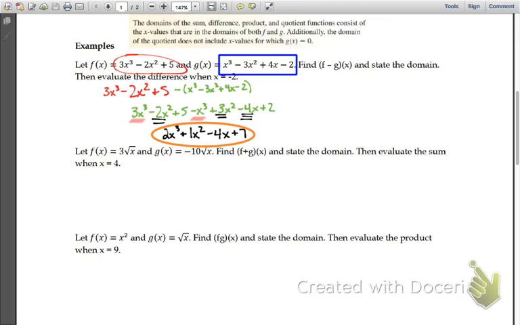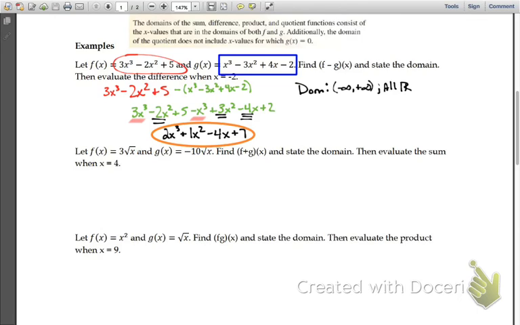So my domain. The second part of it was to find my domain. Well, the domain is negative infinity to positive infinity. Or if you just want to say all reals, you can do that. And then plug in the negative 2. So all I'm going to do is just plug and chug.